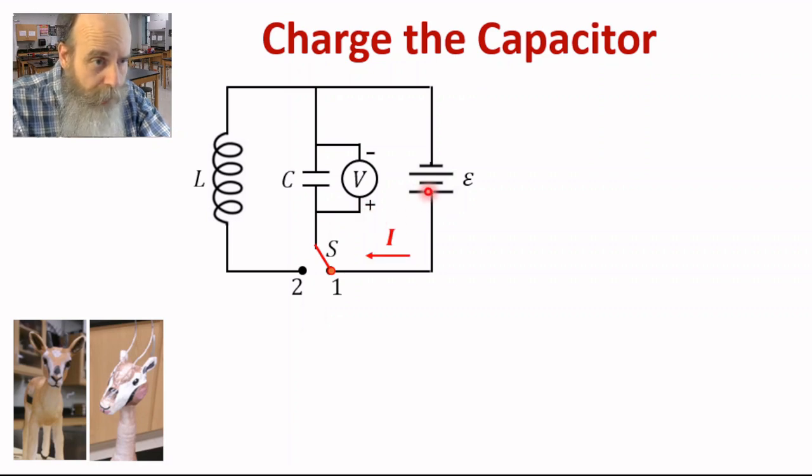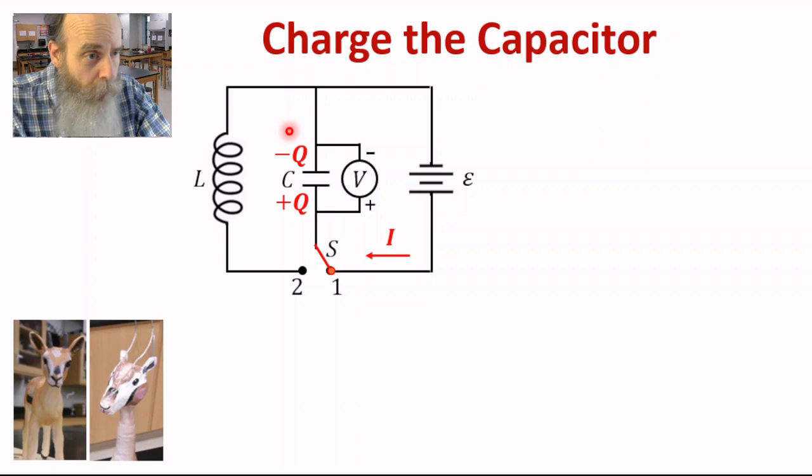It flows from the positive terminal of the battery through the capacitor to the negative terminal of the battery. This causes charge to accumulate on the plates of the capacitor. The lower plate becomes positively charged, plus Q, and the upper plate becomes negatively charged, negative Q. Eventually, current stops flowing when the voltage across the capacitor equals the EMF of the batteries.